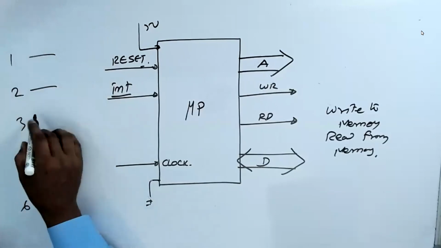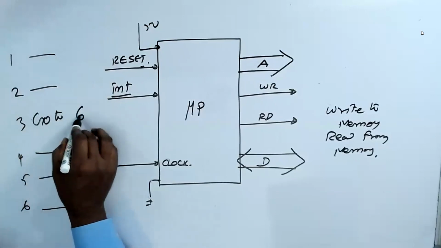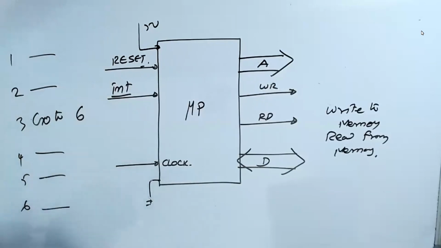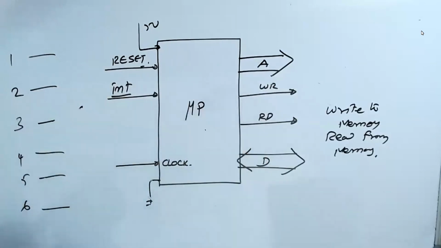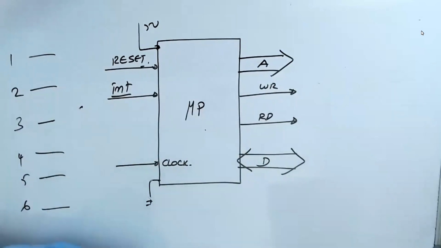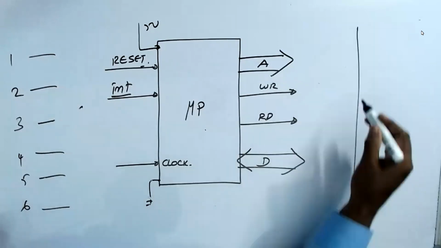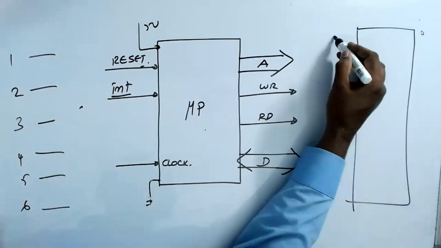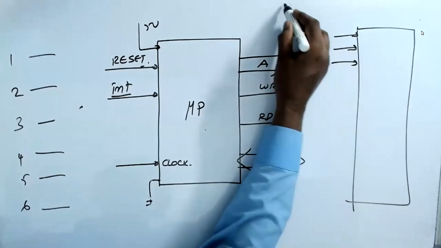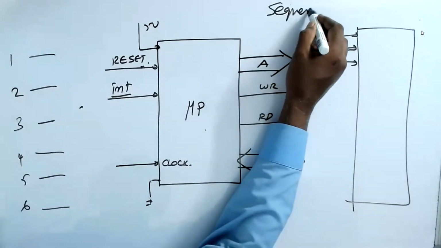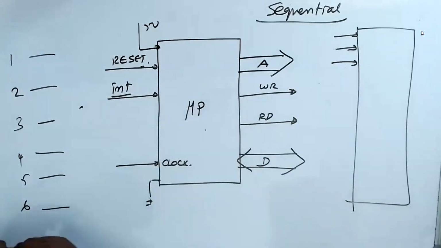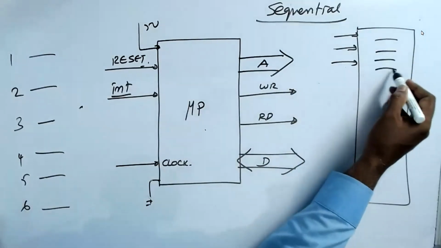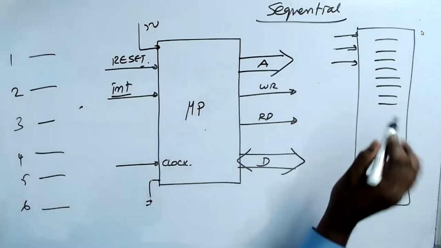If we say go to line 6, the program will go to 6. Otherwise, please understand, this is a very important point: the microprocessor always executes instructions from memory one by one, sequentially. It does not jump. It goes only line by line.